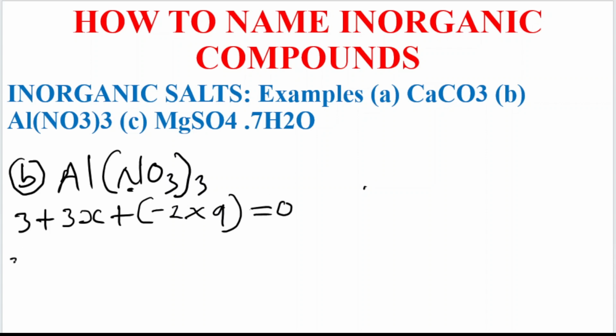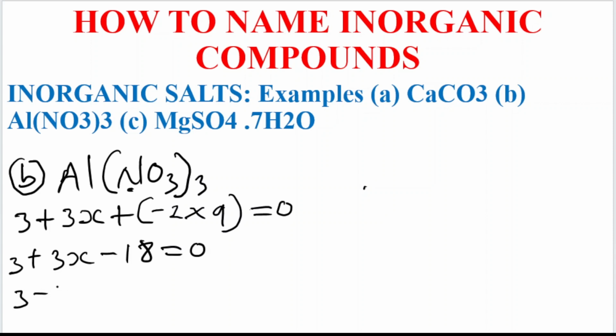So 3 plus 3x, -2 times 9 will give us minus 18, equal to 0.